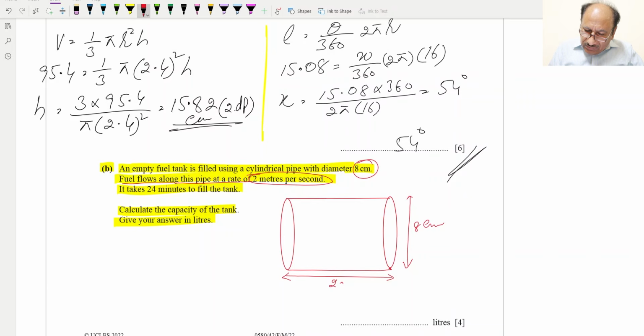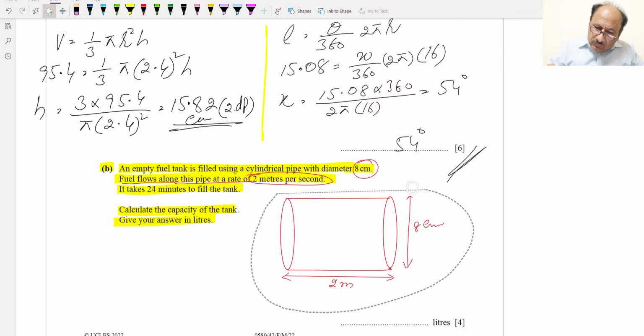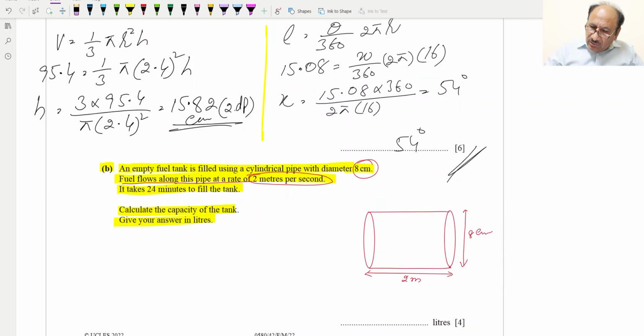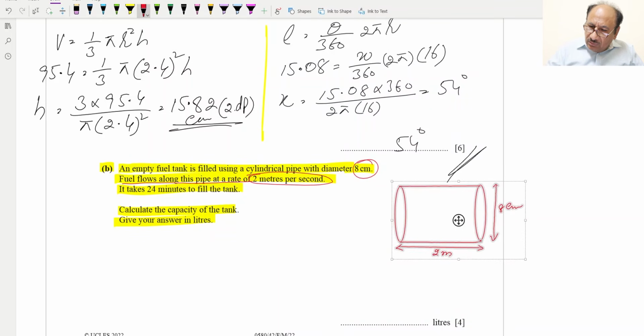So in 1 second this pipe is completely filled, and we will check the volume of this pipe, and that will give us the information. I will reduce a little, but hopefully you are understanding everything. Now what we can do, we can write the volume of the pipe, which will be equal to pi r squared.